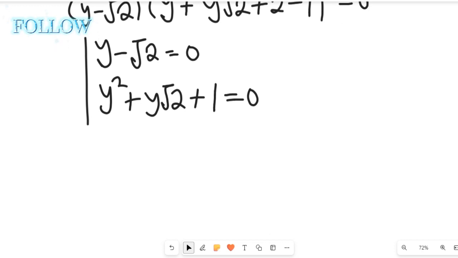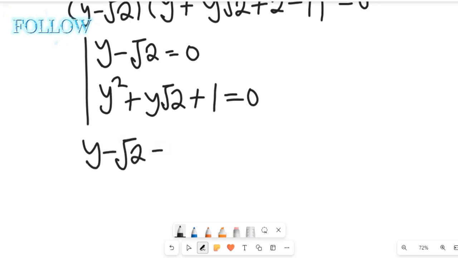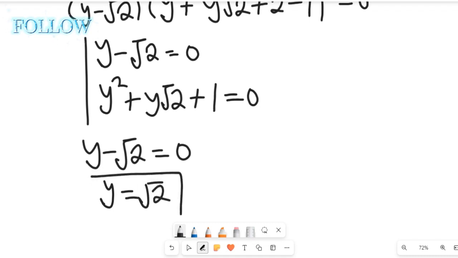From the first expression, we'll see that y minus root 2 is equal to 0. If we add root 2 to both sides, we'll find out that y will be equal to root 2. That's a solution to that exponential equation. Remember, that's a polynomial, and then we are supposed to have 3 solutions to that question.